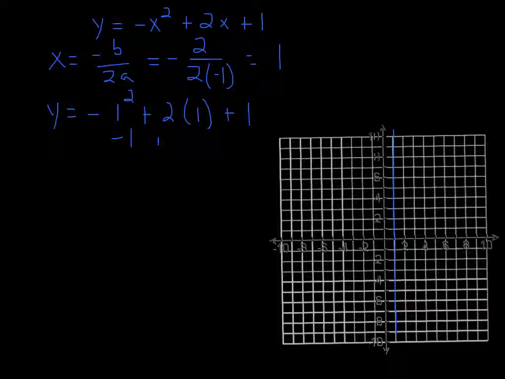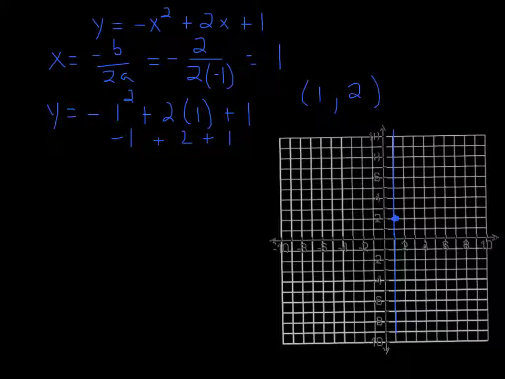So you got negative 1 plus 2 plus 1, so that ends up being just 2. Alright, and so our point is 1, 2. Okay, so that is where our vertex is. And we said it's going to be pointing down, so that is our maximum value for our graph. Okay, and that's going to open down.